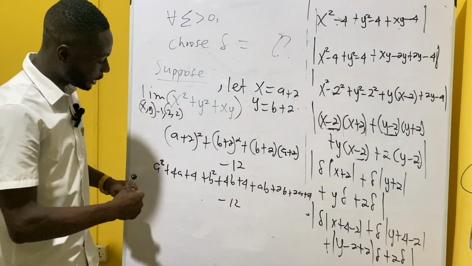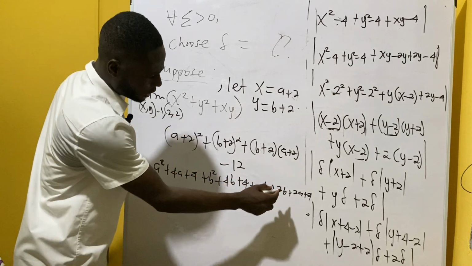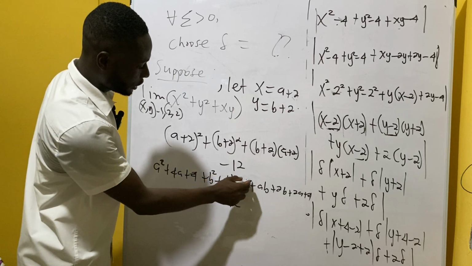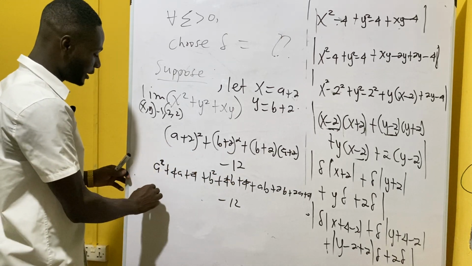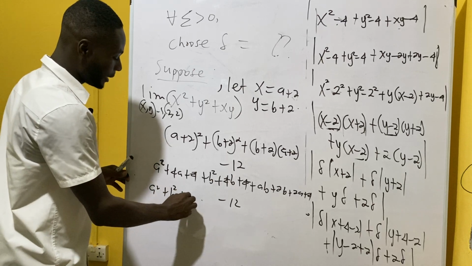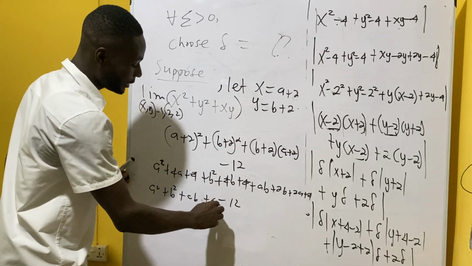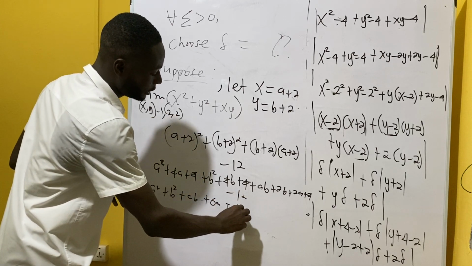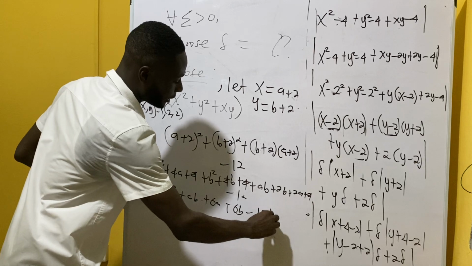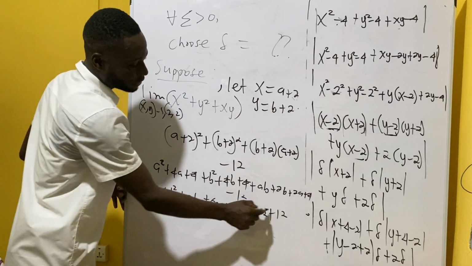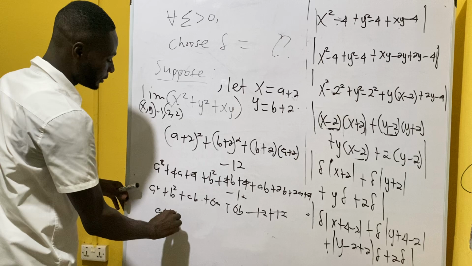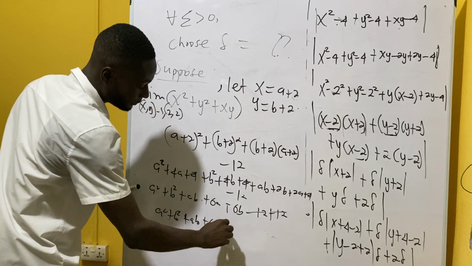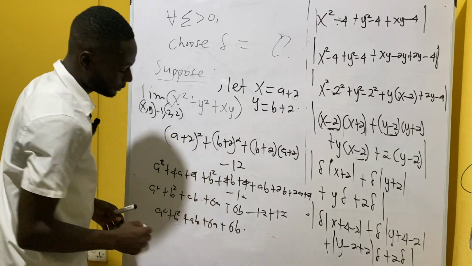So when you do this, you can see that we have 1, 2, 1, 2, 3, 4, right? So this will give us a squared plus b squared plus ab plus 6a plus 6b minus 12 plus 12, right? So this takes off this and we have a squared plus b squared plus ab plus 6a plus 6b, right?